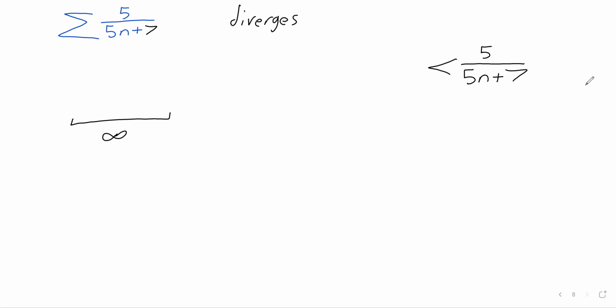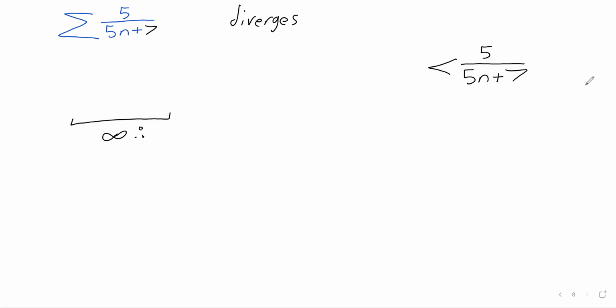The reason we can't use a quadratic or a cubic, even though it would decrease this fraction, is that it would decrease the fraction too much. Instead of being bigger than an infinite thing, we would be bigger than a finite thing, and that wouldn't tell us anything. So we need to increase this denominator, but not too much.